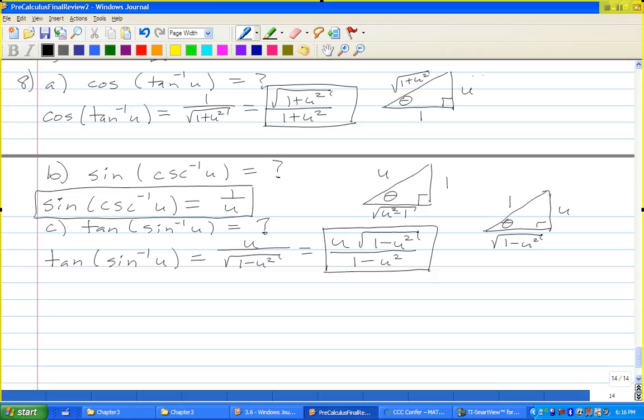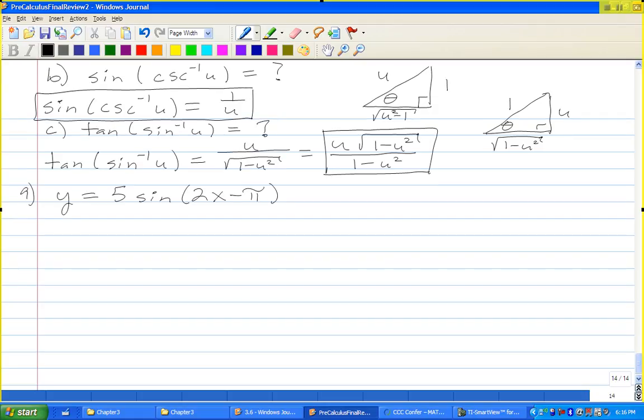Nine. Graph the function y equals 5 sine of 2x minus pi. Okay. So the amplitude here is going to be 5.